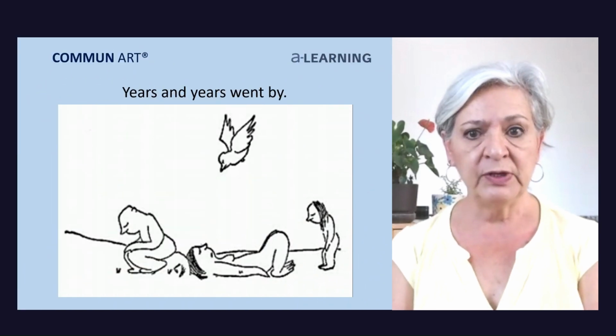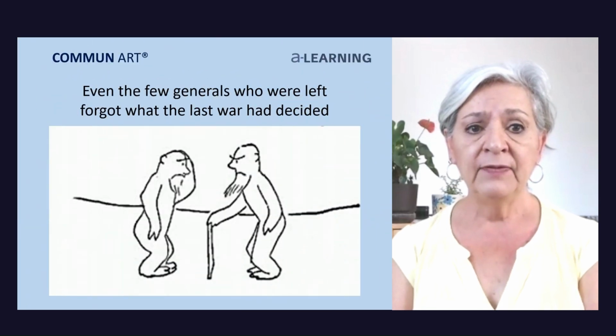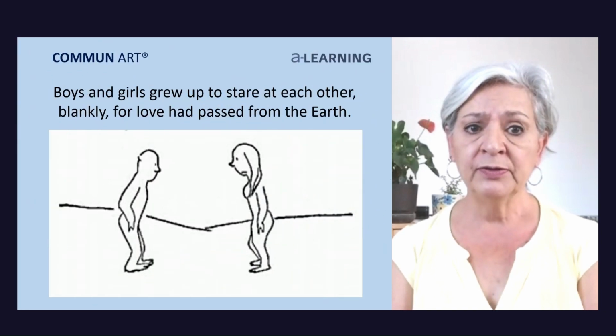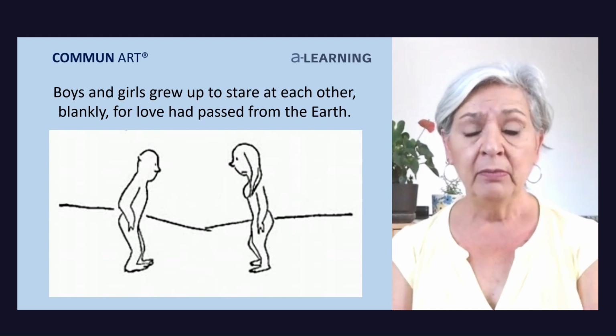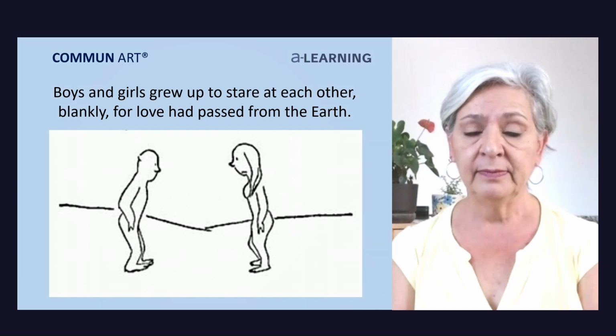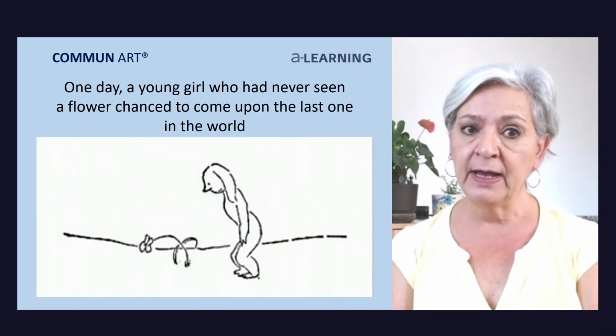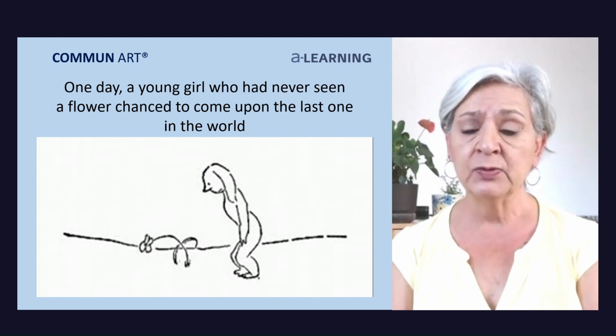Years and years went by. Even the few generals who were left forgot what the last war had decided. Boys and girls grew up to stare at each other blankly, for love had passed from the earth. One day, a young girl who had never seen a flower chanced to come upon the last one in the world.